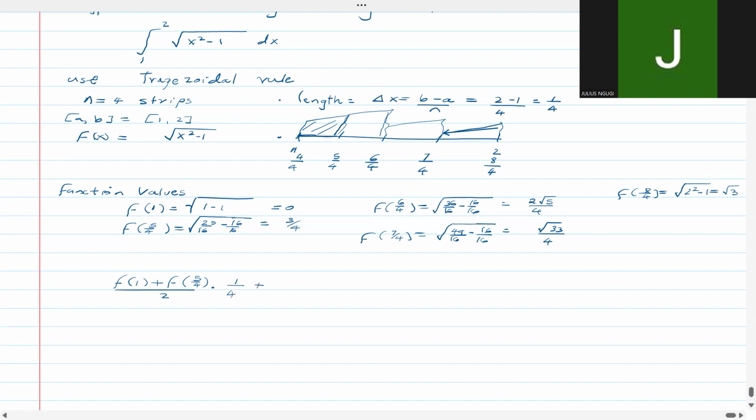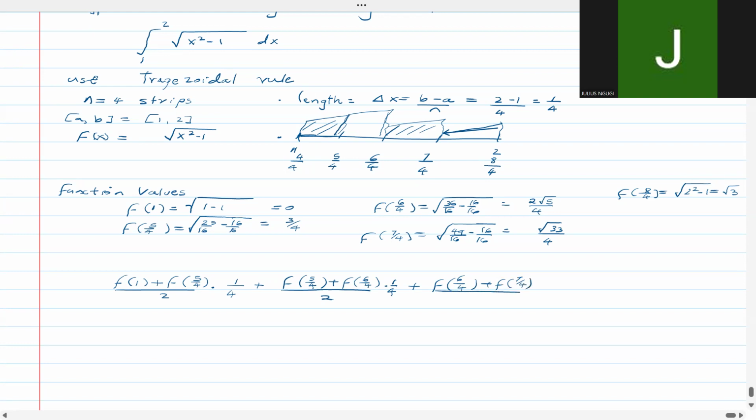Plus the second one, where the shared height is 5/4: f at 5/4 plus f at 6/4, then I divide by 2, then I multiply by the perpendicular distance. Plus the other one: I'm now in that trapezium, so I have a shared height, that's 6/4, plus f at 7/4.